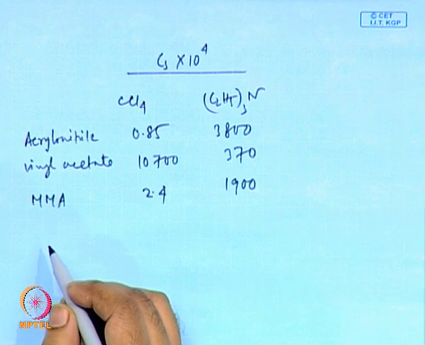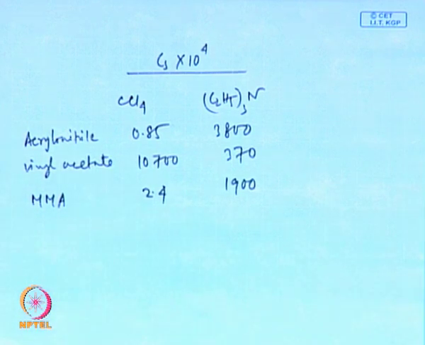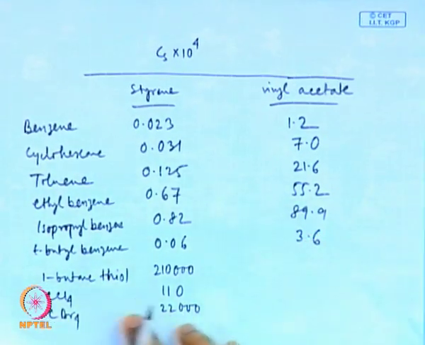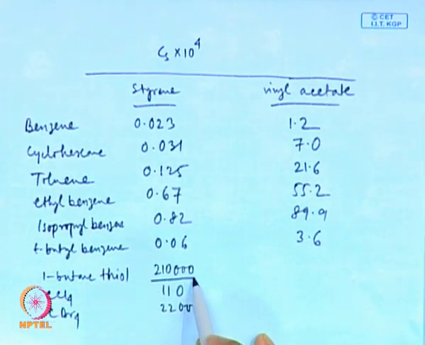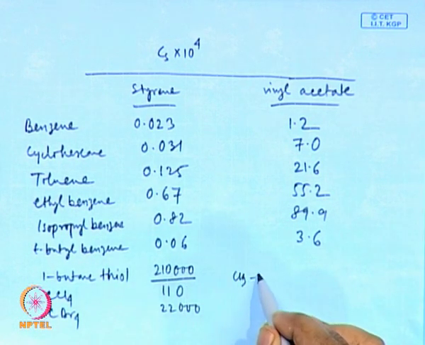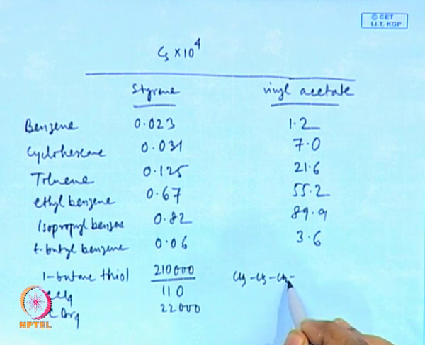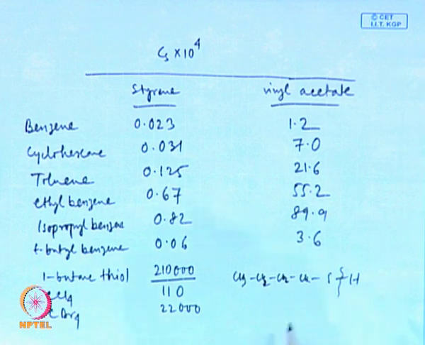Now, what would be good chain transfer agents which can easily participate in chain transfer reactions? Molecules like sulfides and thiols. For example, if I look at the values for 1-butanethiol, this number is very high, because in this case this is a very weak bond.